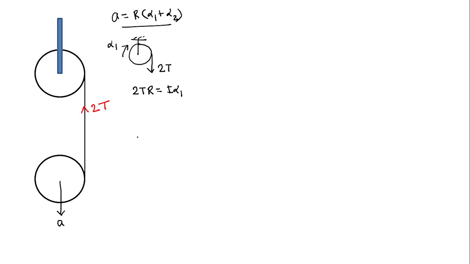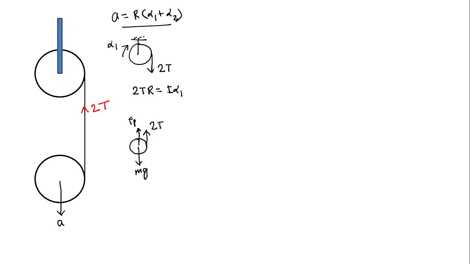Now the same if you do for the lower cylinder. 2T is acting upwards, mg is acting downwards, and as it is an accelerated body, you need to apply a pseudo force. But whatever pseudo force we apply, it will be in the upward direction, so it will not affect the rotational motion.